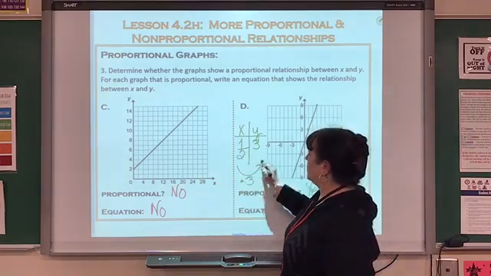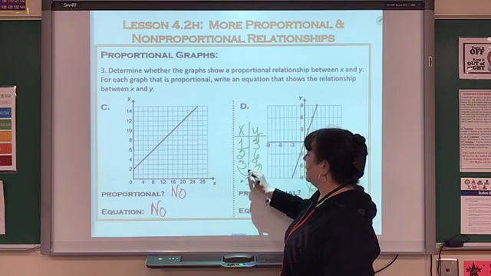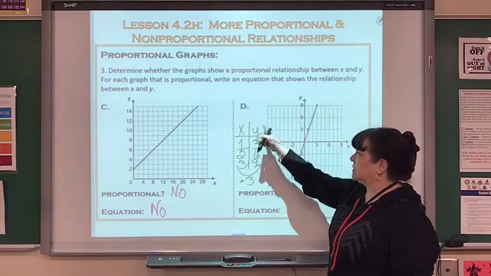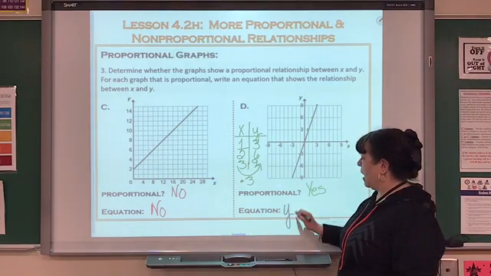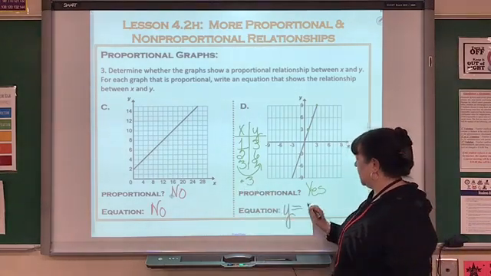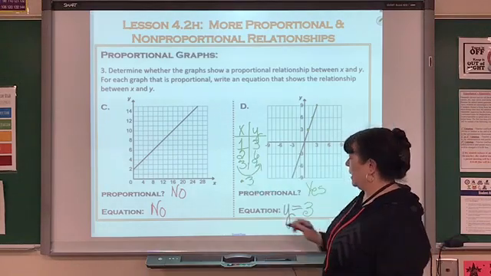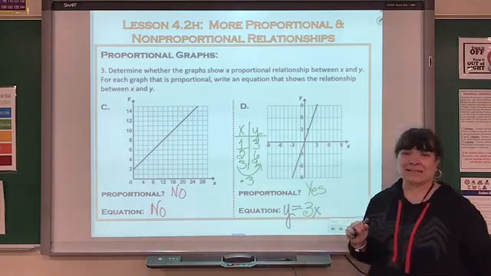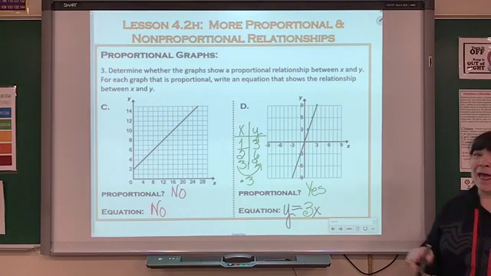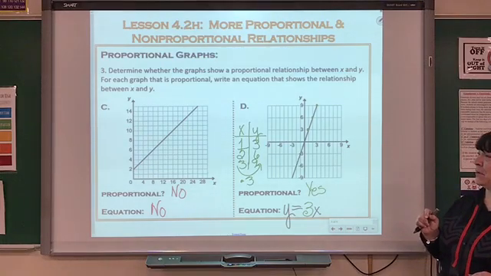So 2 times 3 is 6, 3 times 3 is 9. It works out. So my equation is y is equal to what I'm multiplying by, 3. What is 3 multiplying by? It's multiplying by all my x values. So y equals 3x. This one's correct. No mess up on this one.